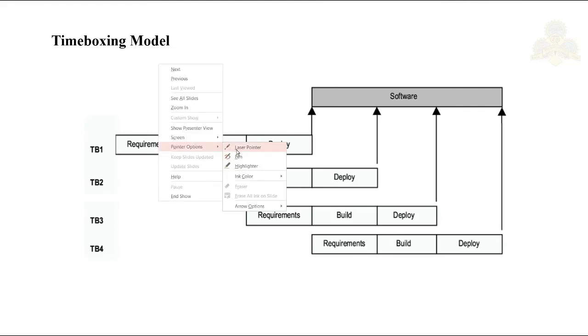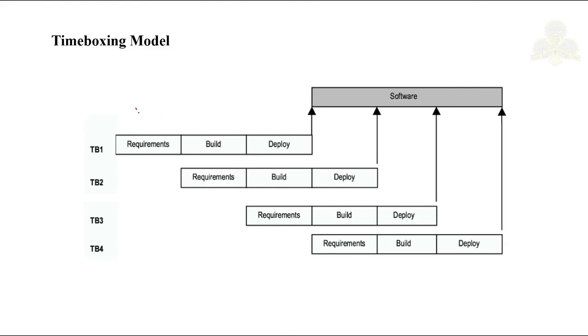It is like this. Suppose once the requirements team has finished the requirements of timebox 1, they'll jump on to the requirement analysis of timebox 2, and once they have finished the timebox 2 requirements, they'll jump on to the requirements of timebox 3. Then when timebox 2 requirement analysis is in progress, the build team of timebox 1 will be building and testing the product.